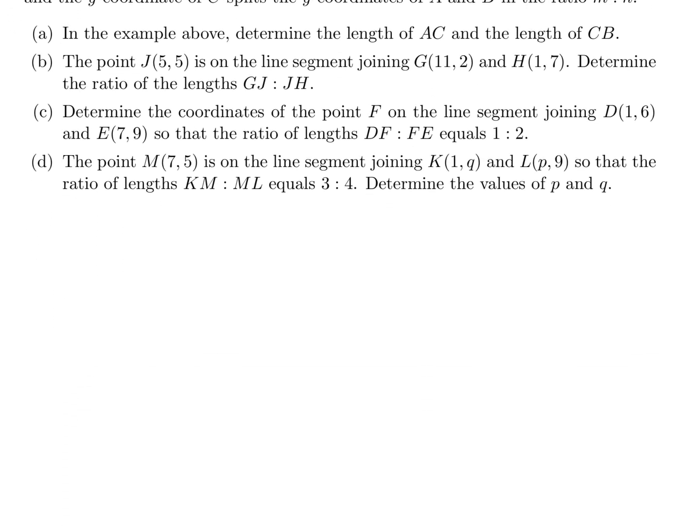The point J(5, 5) is on the line segment joining G and H. Determine the ratio of the lengths GJ to JH. Well, let's draw a little diagram here and see what we have. So we've got G and H. G is (11, 2), so approximately here.